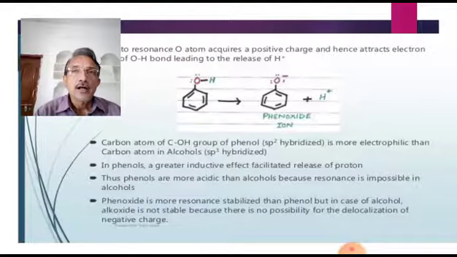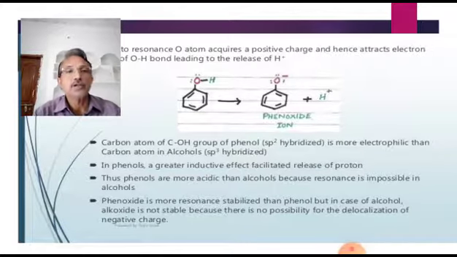Therefore, phenoxide ion is more stable than phenol. Here the phenoxide ion is also more stable than the alkoxide ion, because in the alkoxide ion there is no possibility for the delocalization of negative charge, whereas in the phenoxide ion there is a possibility of delocalization of negative charge.